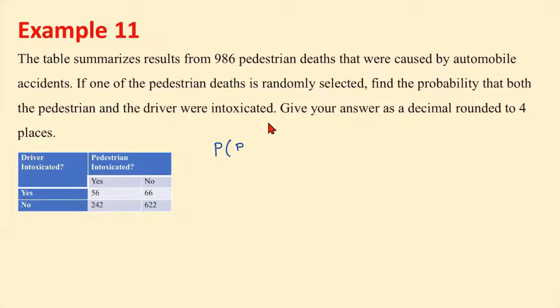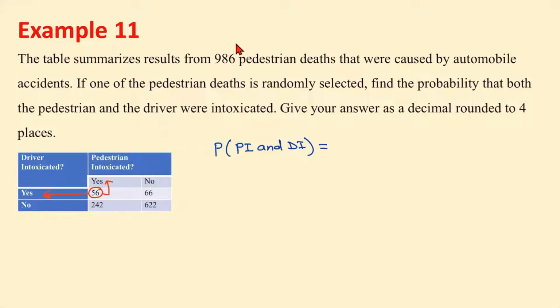Pedestrian intoxicated and driver intoxicated. If you look at the table, you can see, driver intoxicated, yes. Pedestrian intoxicated, yes. We have 56 cases. So there are 56 cases in which the driver is intoxicated and also the pedestrian is intoxicated.